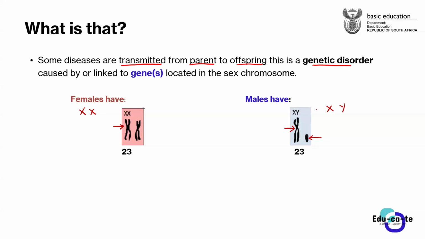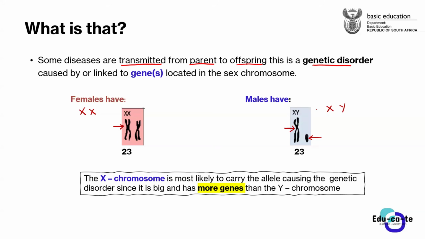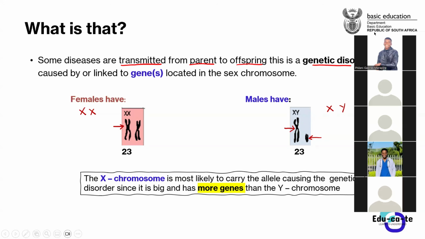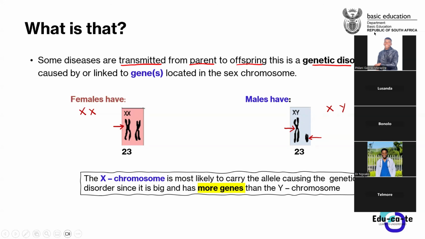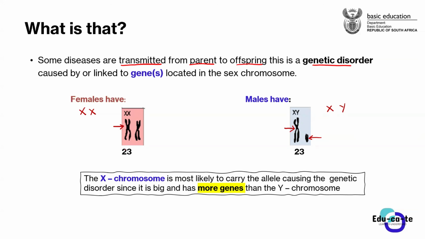One of the characteristics of these sex chromosomes is that the X chromosome is most likely to carry the allele causing a genetic disorder, because it is big and has more genes. I already told you last time that the X chromosome is big and carries more genes compared to the Y chromosome. If you look at these diagrams, on pair number 23, especially for males, the X chromosome is the bigger, longer one.